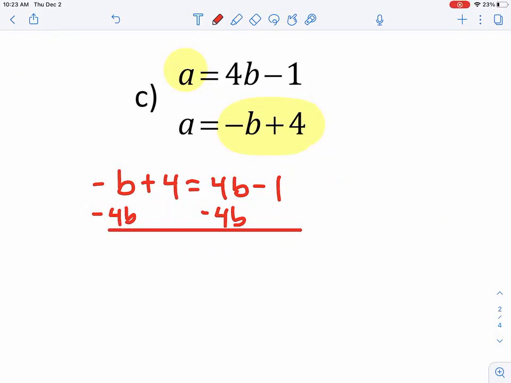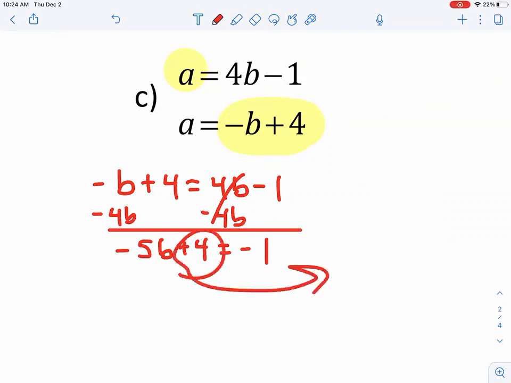And that gives me the -5b plus 4, and then it's equal to -1. Now I have to move this guy to the other side.